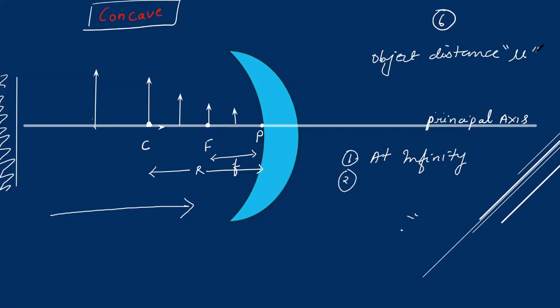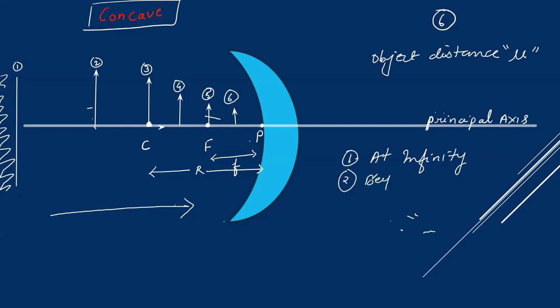Initially the object is at infinity. This is position 1, this is position 2, this is position 3, 4, 5 and 6.